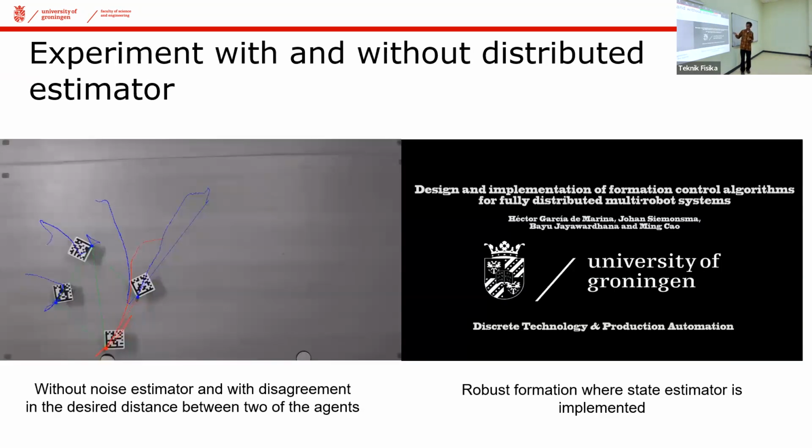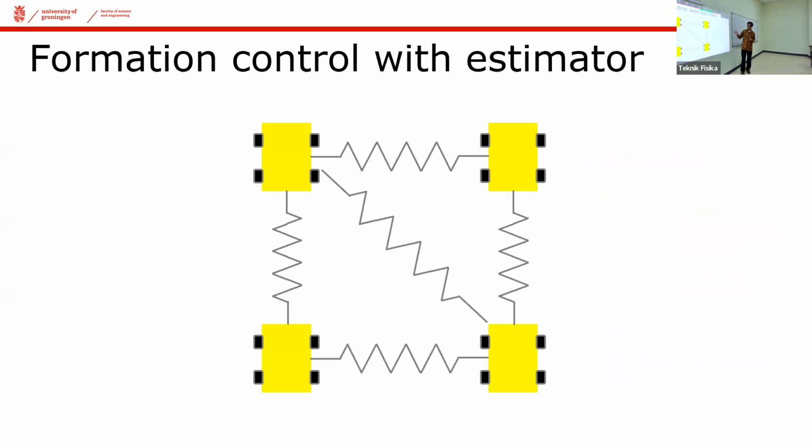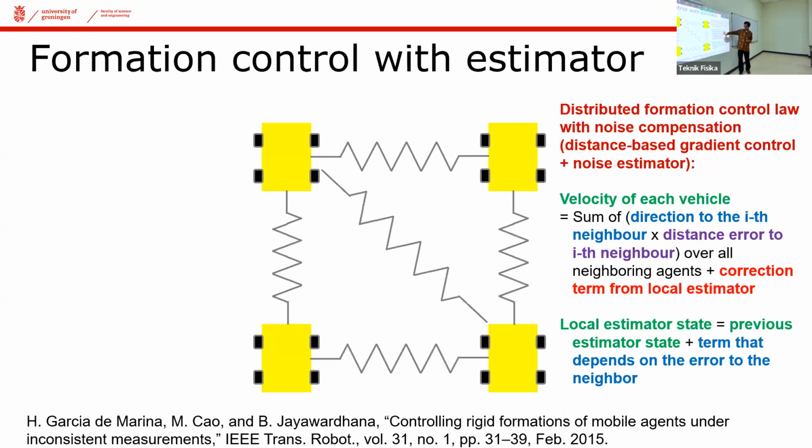When we are implementing this controller, or even the previous one, the good thing about these algorithms is that they are agnostic to the frame of coordinates. If one robot is using a frame with north and west, the other agent may be using east and south, so they are not using the same coordinate systems.